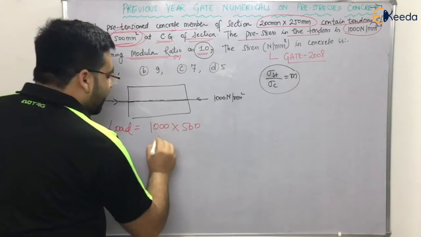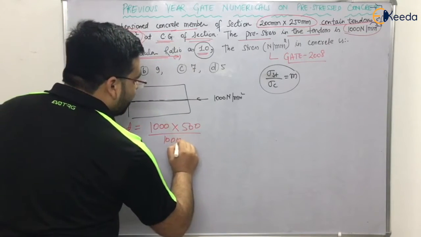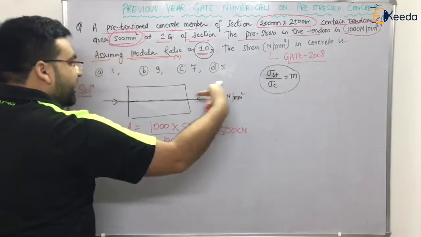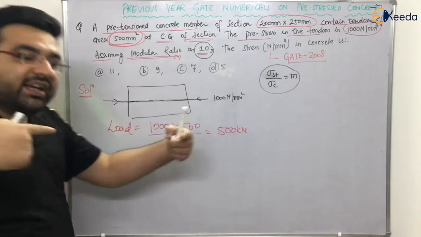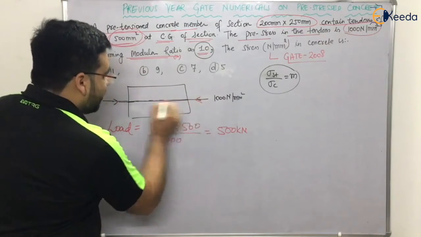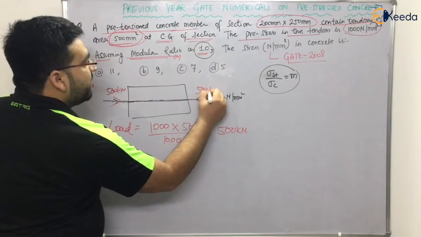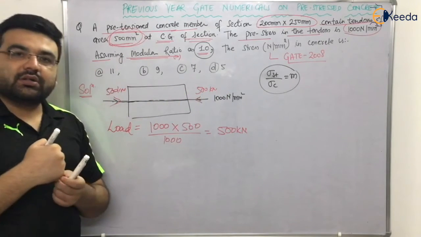Dividing by 1000 to get kilonewton, it is 500 kilonewton. So 500 kilonewton force is acting on the tendon in this direction. Simple, right?